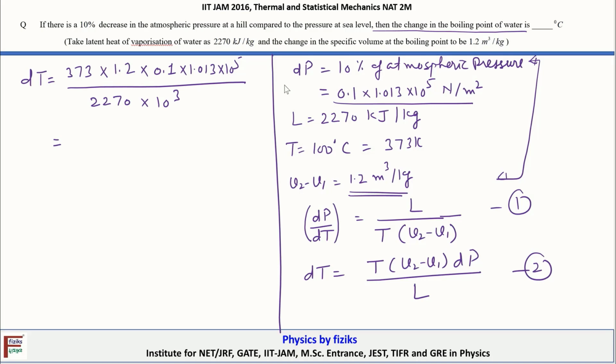After doing the calculation, we will notice that this is approximately 2 degrees Celsius. It's 1.99 something, so we can write it safely as 2 degrees Celsius. Therefore our answer is 2 degrees Celsius.